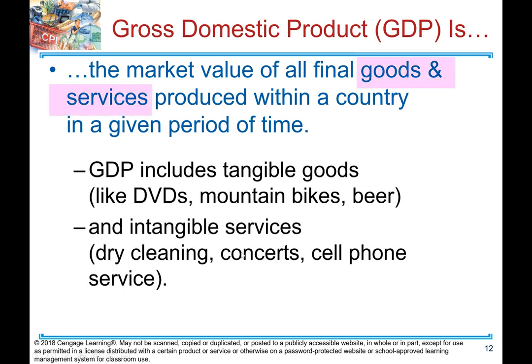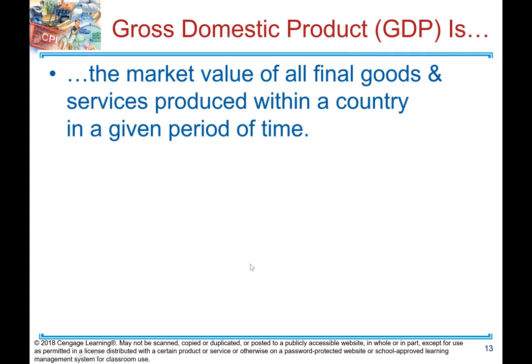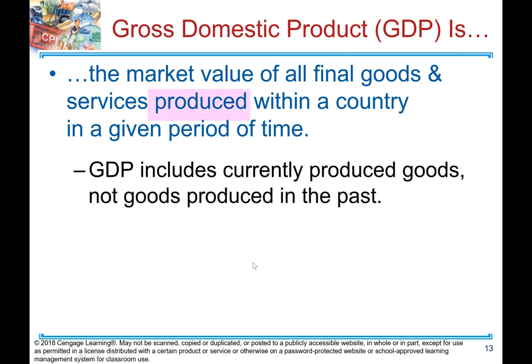Goods and services. GDP includes tangible goods like DVDs, mountain bikes, beer, and intangible services like dry cleaning, concerts, cell phone services. GDP includes currently produced goods, not goods produced in the past.